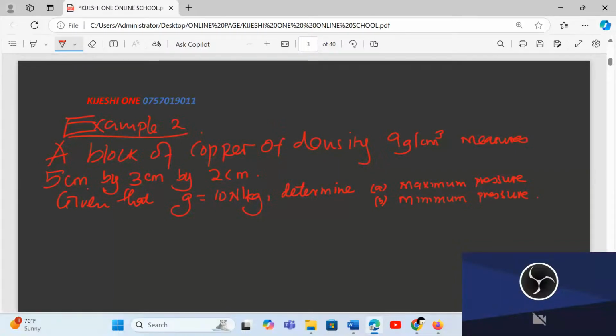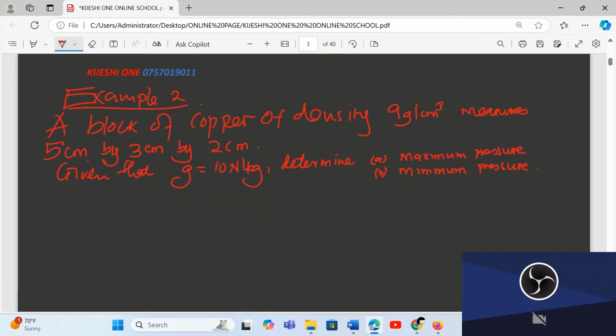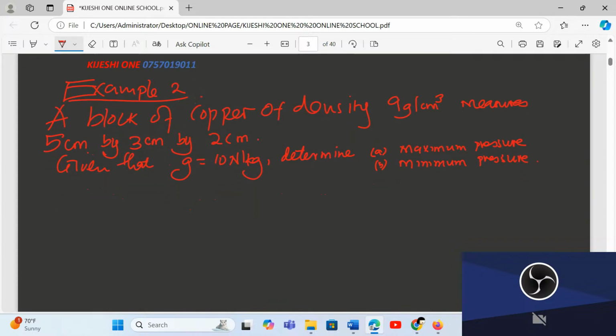This is an indirect question because we have not been given mass, but it is for you to relate with issues to do with volume so that you can get the mass.